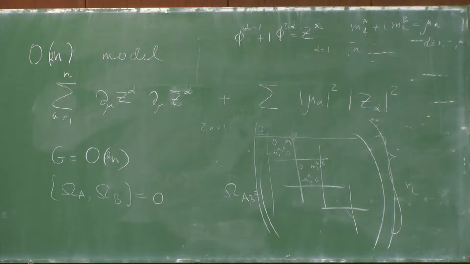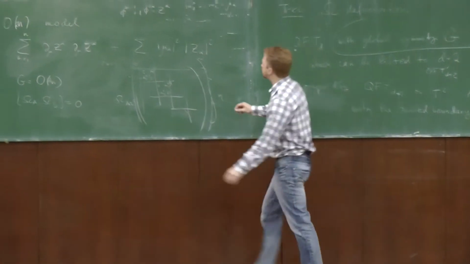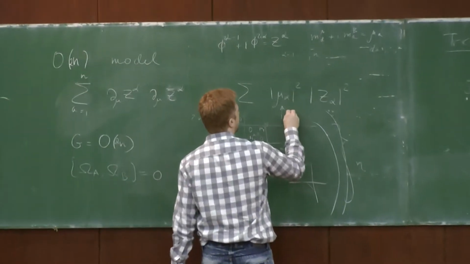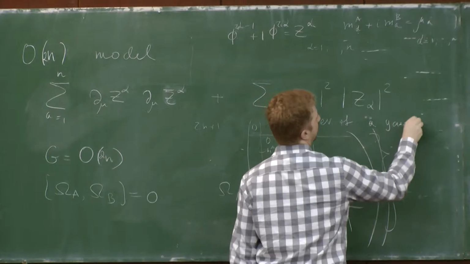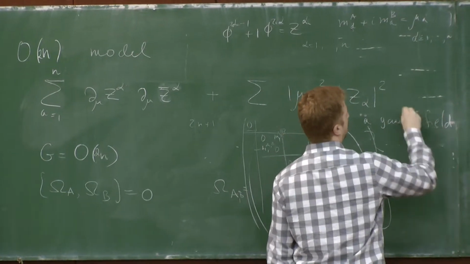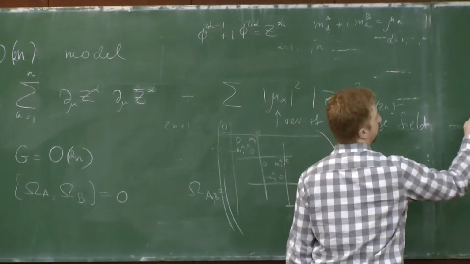So this term actually comes from the kinetic term. It's the gauge field. Actually, it's the VEV of this O(2n) gauge field on the two torus.